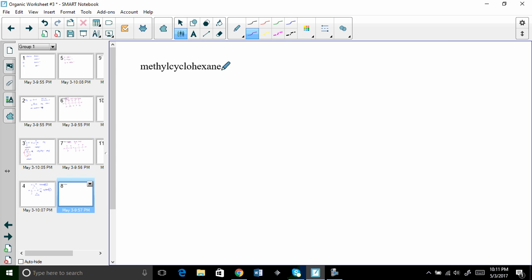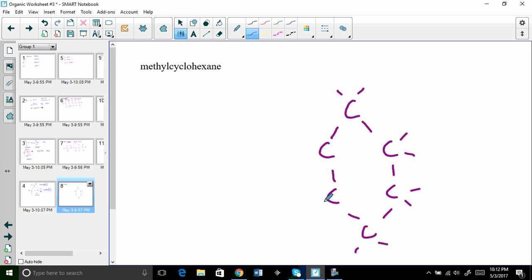This one, ane means all single bonds, hex means 6, and cyclo means in a circle. So 1, 2, 3, 4, 5, 6 in a circle. Okay, remember carbon wants 4, so I just do 1, 2, 3, 4. I don't have to count by twos.